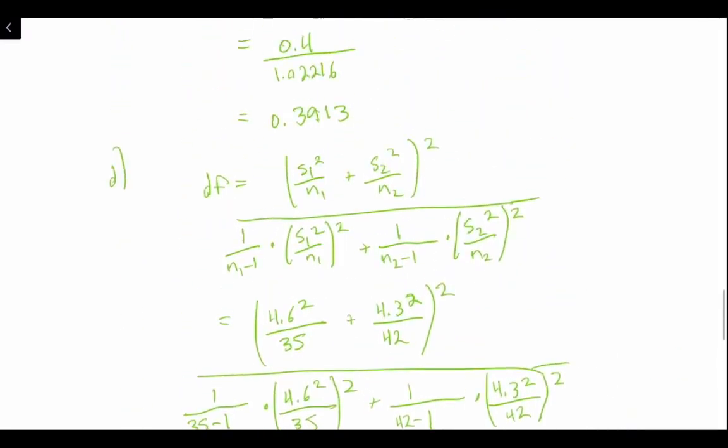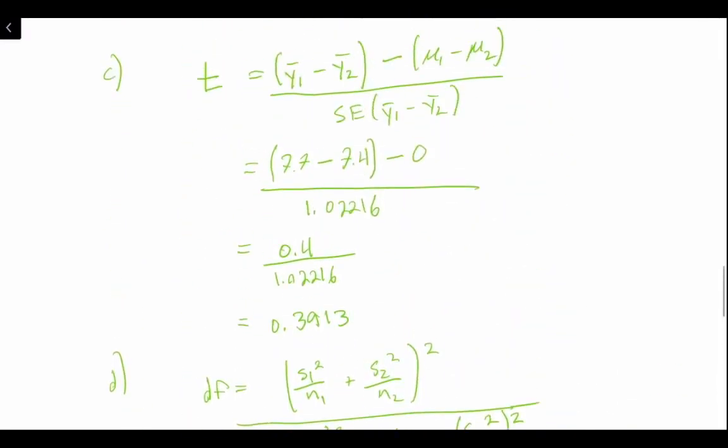And what do we notice about our T score? Well, the T score that we calculated in part C was 0.3913.